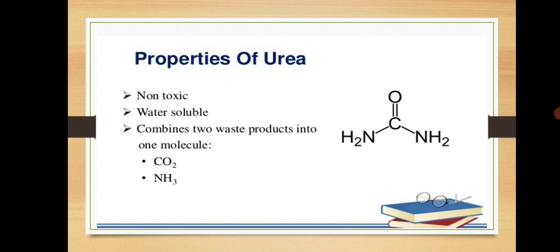The general idea is very simple. Ammonia is formed from protein metabolism, and this ammonia is very toxic. Our body cannot store it, so this ammonia is converted into a less toxic form called urea. Urea will be concentrated and converted to urine, and then it will be excreted out of the body. That is the urea cycle. That is the overall definition or concept behind the urea cycle.